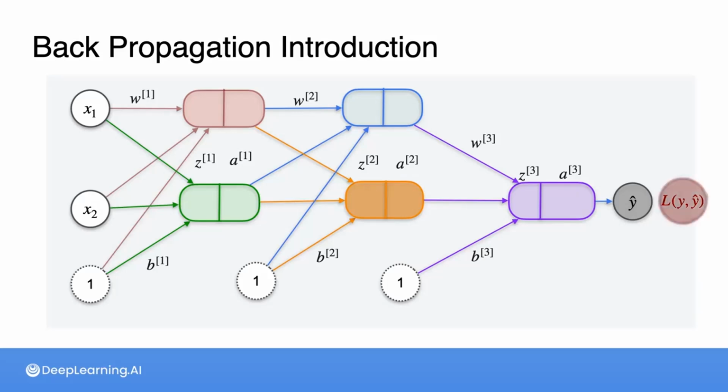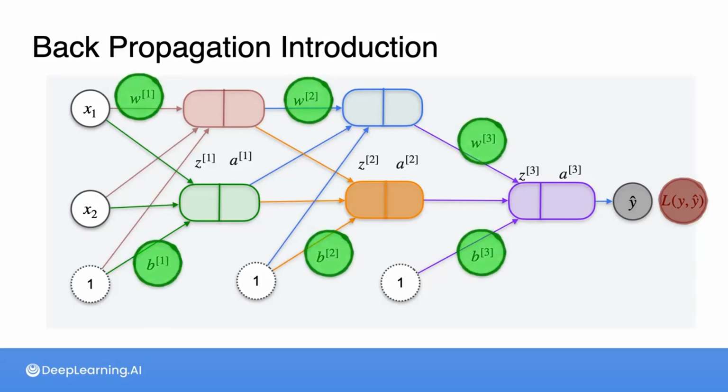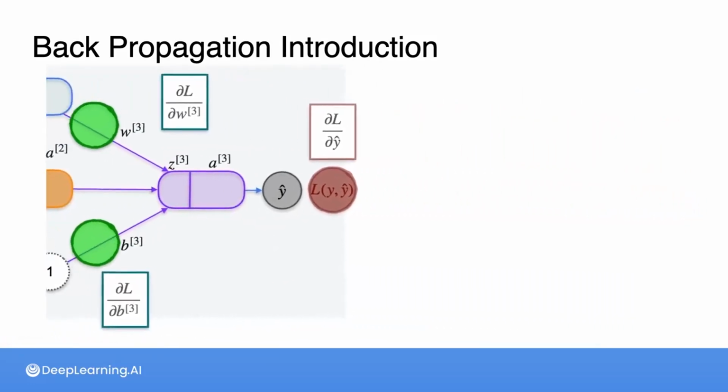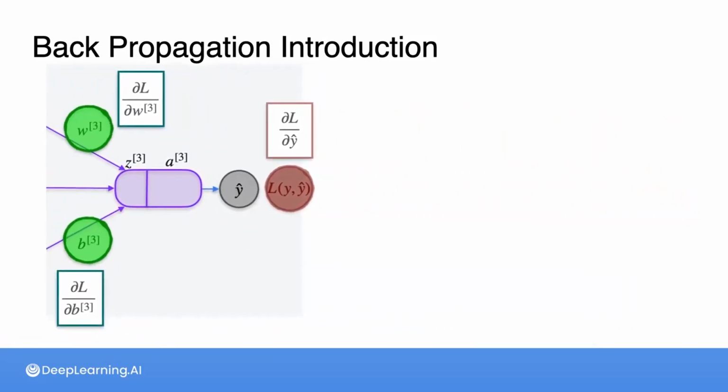So as usual, here is the log loss, and we have to see how the log loss changes with respect to all these weights. And I'm only circling a few of them. It's really a bunch of them, but everything can get calculated using these green ones over here. So what do we need to calculate? We need to calculate ∂L/∂ŷ and all the ∂L of anything else, because that's what tells us how to move each one of the weights. So let's go to this part of the neural network, the part at the end.